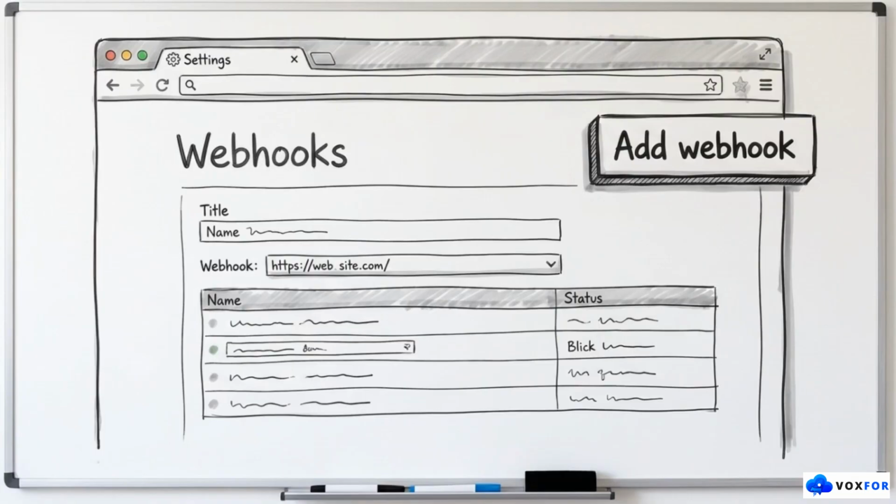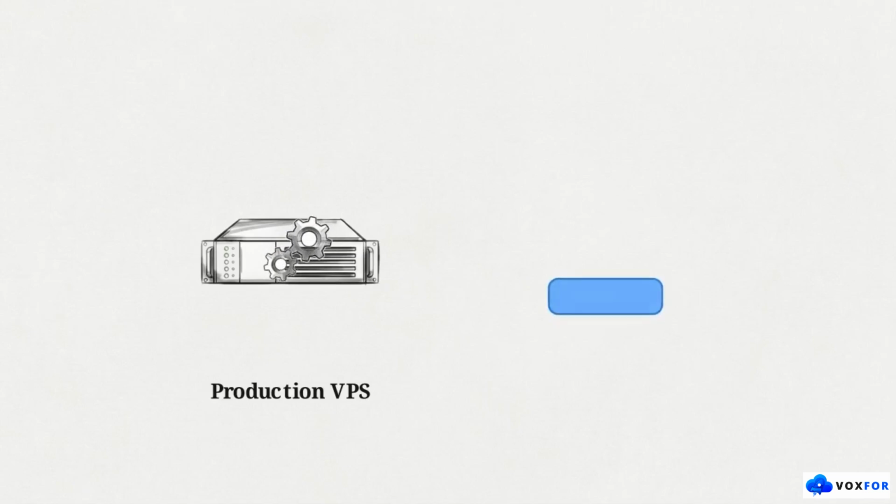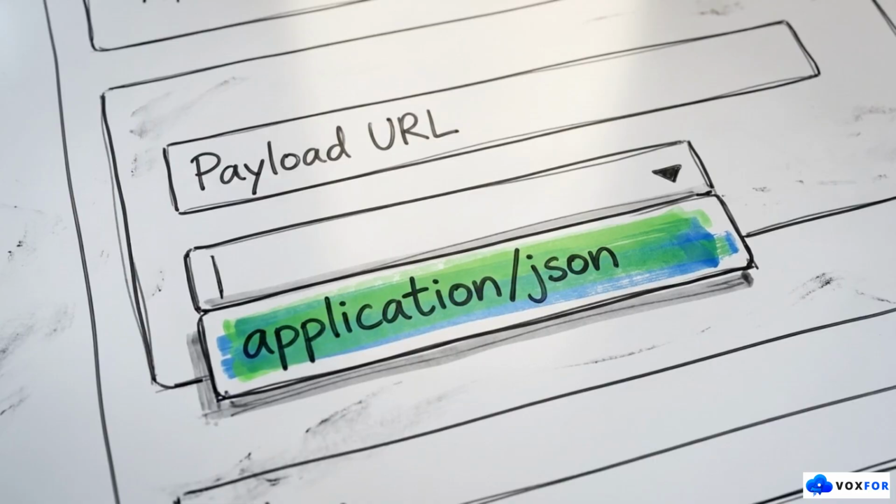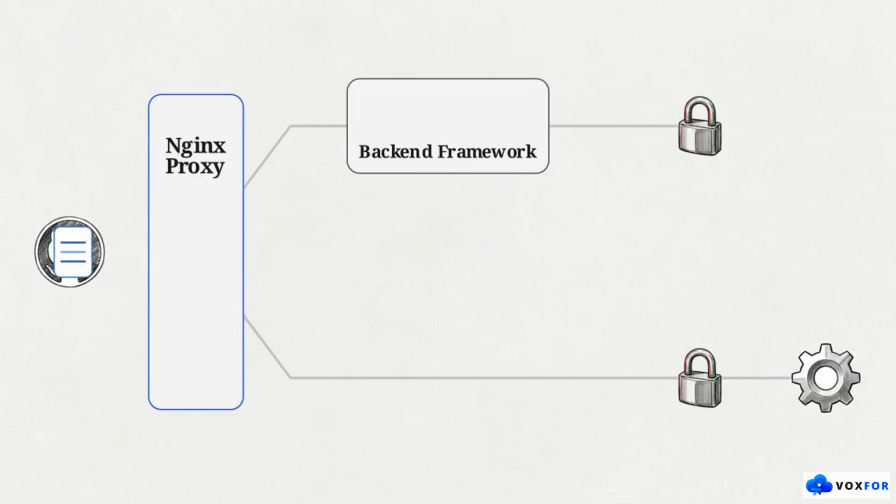Method 2 relies on GitHub Webhooks. You use this if your application must compile system packages or run local database migrations directly on the target server environment. In the GitHub UI, configure the webhook by pointing the payload URL to your VPS domain and mandate an application/JSON content type. GitHub fires a payload at your server, caught by an Nginx reverse proxy.